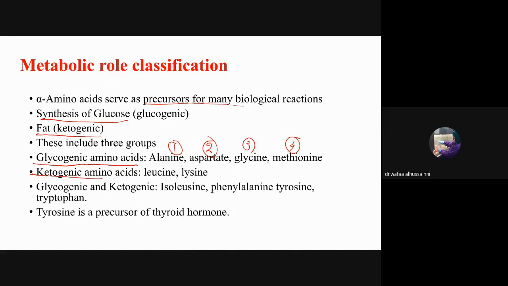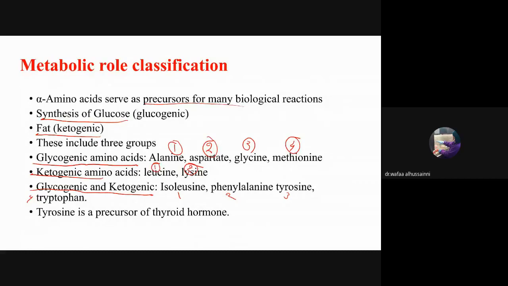Ketogenic amino acids are leucine, lysine. Glycogenic and ketogenic, which means they work both ways: isoleucine, phenylalanine, tyrosine, and tryptophan.